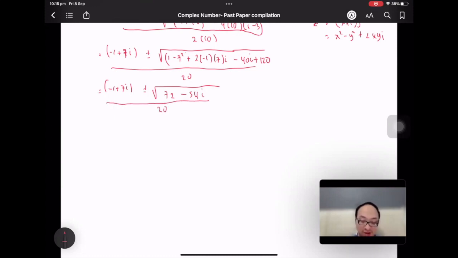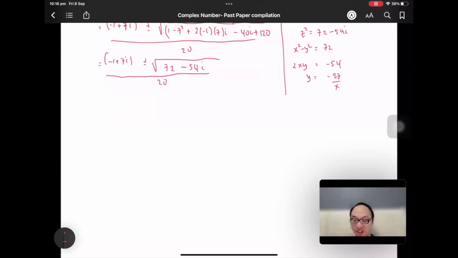Now we have to find the square root of 72 minus 54i. So again, z squared equals 72 minus 54i. That means x squared minus y squared equals the real part, 72, and 2xy equals the imaginary part, negative 54. So from here, I can make y equal to negative 27 over x.